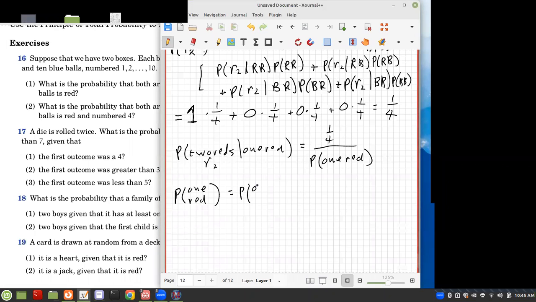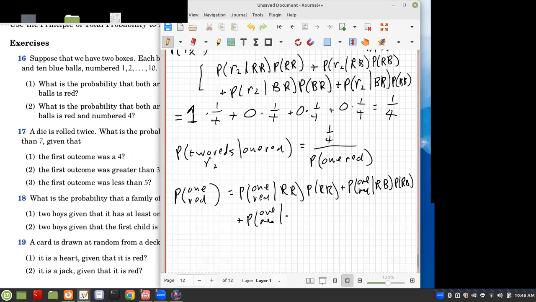The probability of 1 red, given that both are red, times the probability that both are red, plus the probability that 1 is red, given that the first is red, plus the probability that 1 is red, given that the second is red, plus the probability that one is red, given that both are blue, times the probability of blue.